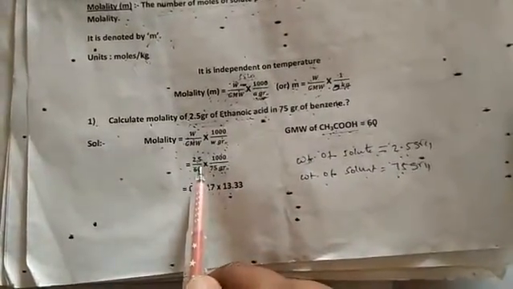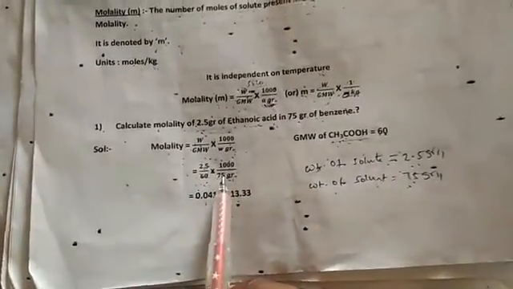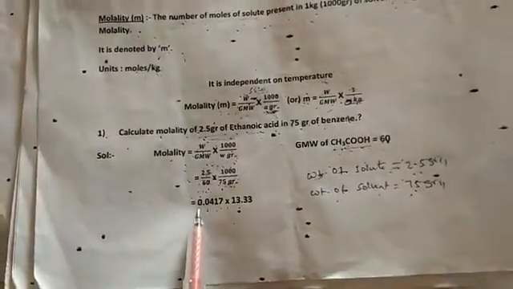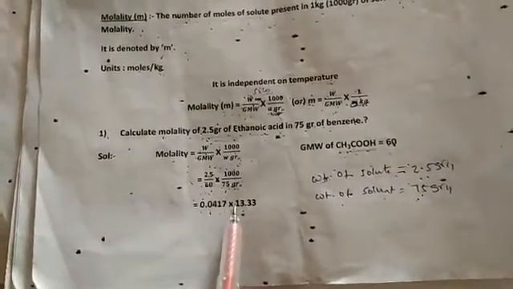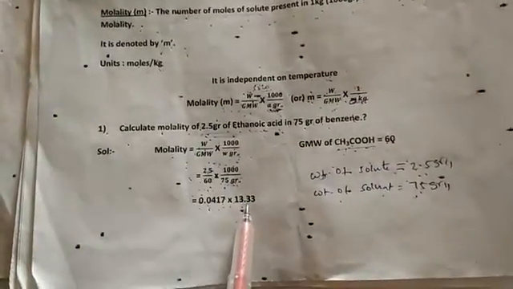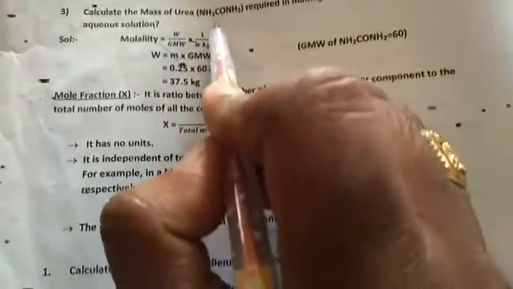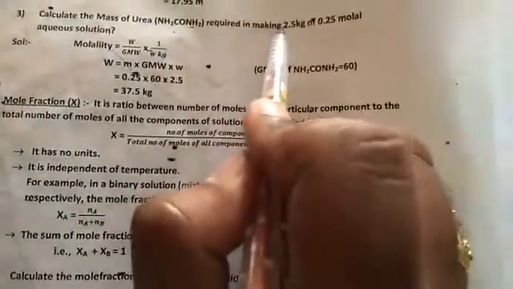So 2.5 by GMW of ethanoic acid 60 into 1000 by 75 grams. 2.5 by 60 is 0.0417, into 1000 by 75, we get 0.0556 moles per kg.